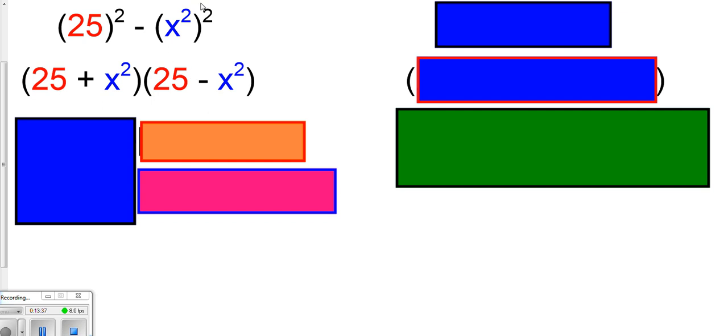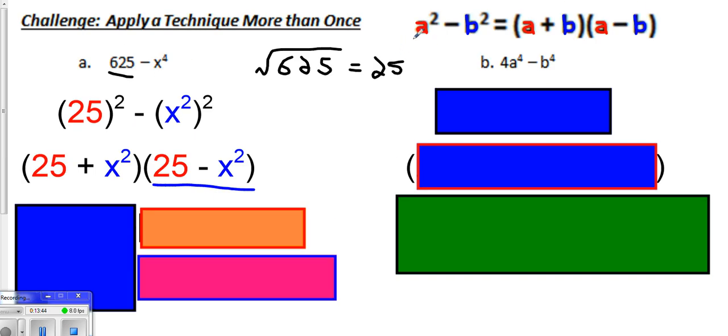When we look at this though, this binomial, 25 minus x squared, is still a difference of two squares. 25 is 5 squared. X squared is the value x to the power of 2.